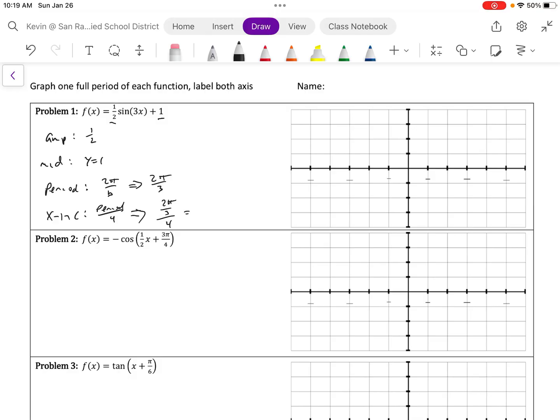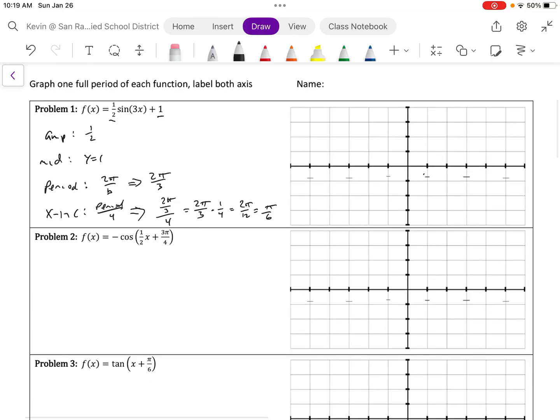So 2 pi over 3 divided by 4, which is 2 pi over 3 times 1/4. So that's going to be 2 pi over 12, which is pi over 6.